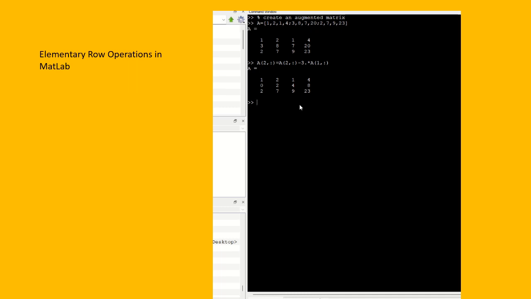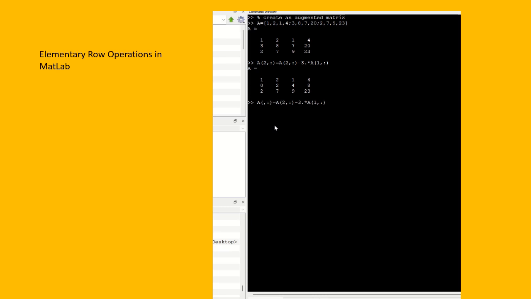So now let's do something similar. Let's subtract twice the first row from the third row. To make the typing quicker, I'm going to use the up arrow to get that last thing that we did, and I'm going to use the left arrow to come over to here, and then a backspace.